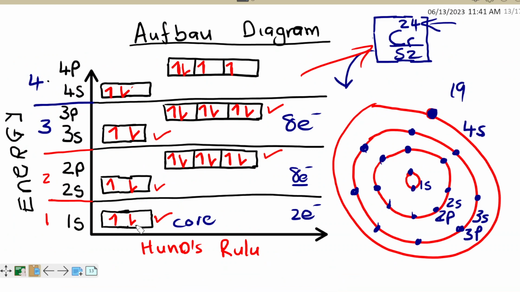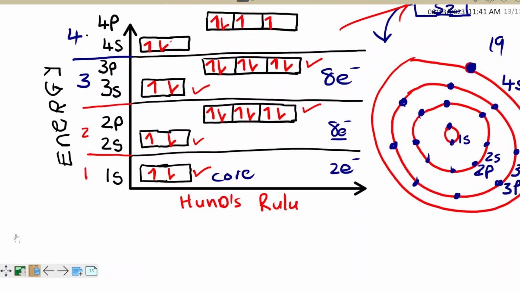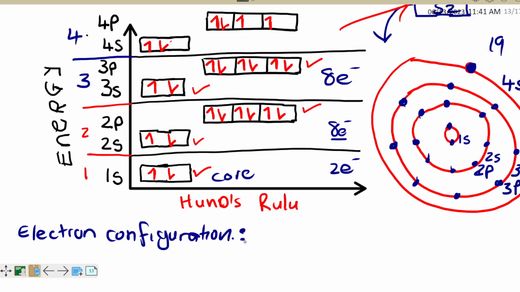If they ask you to write maybe the electron configuration of this chromium atom, you can write the electron configuration from the Aufbau diagram. So I'm going to write here the electron configuration. This is how you do electron configuration.